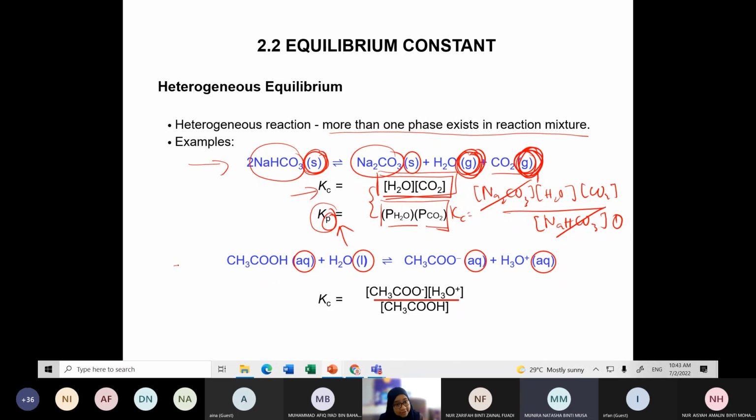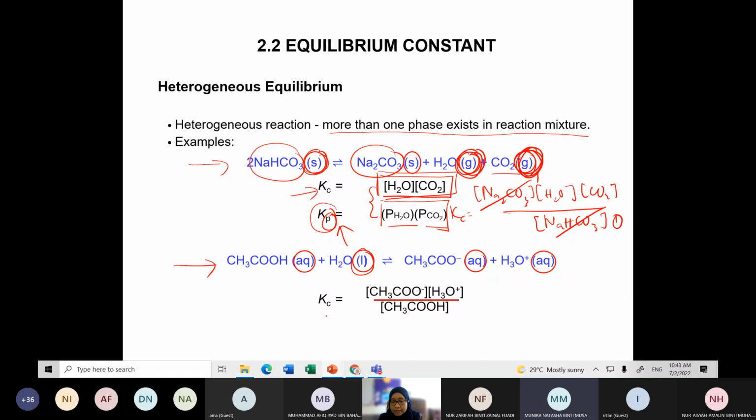Okay? Alright, look at second example here, guys. Okay, so kita ada aqueous, we have liquid, and then aqueous. So this is another mixture of phases. Okay, phase. So we have more than one phase exists in the reaction mixture. Okay, how do we write Kc?